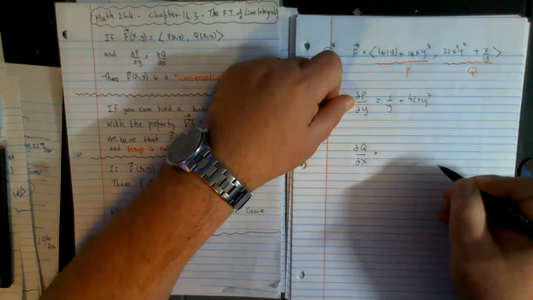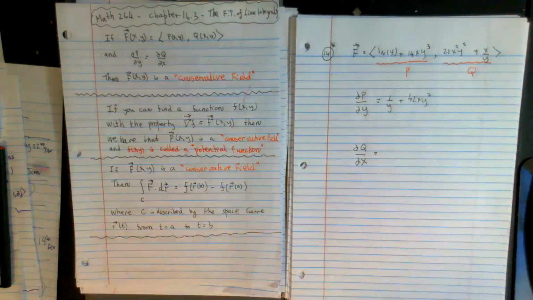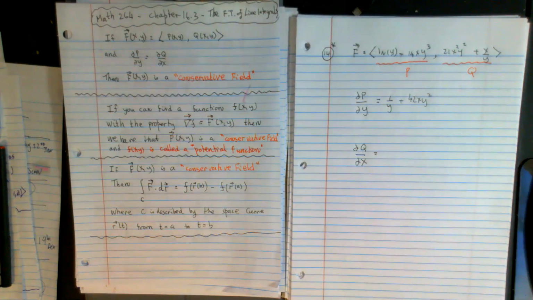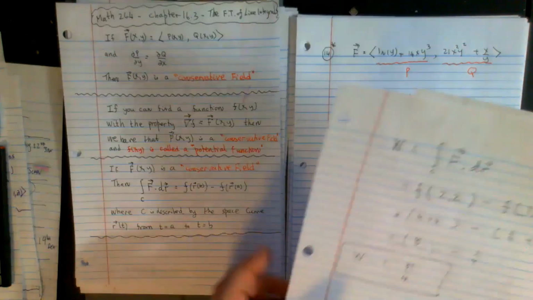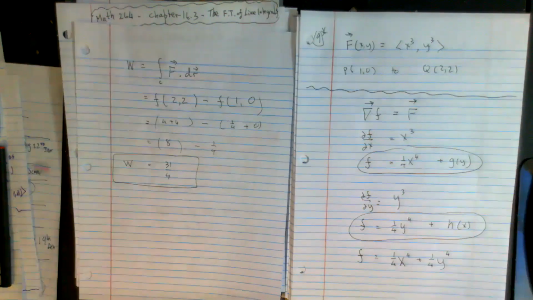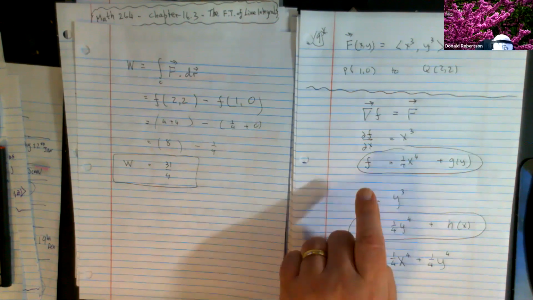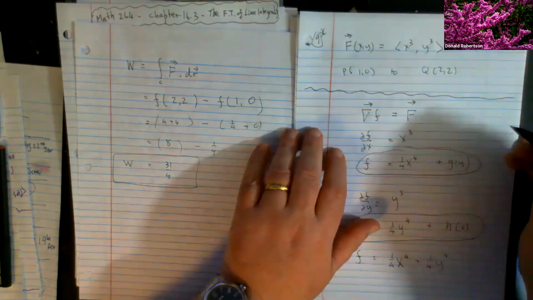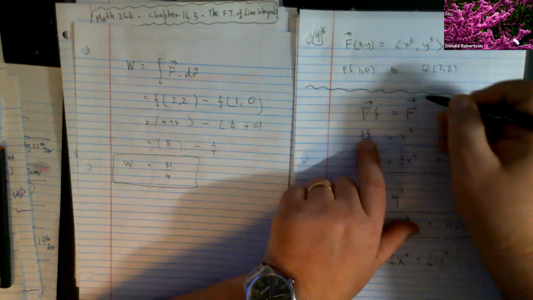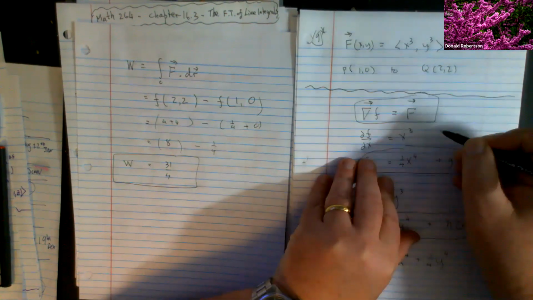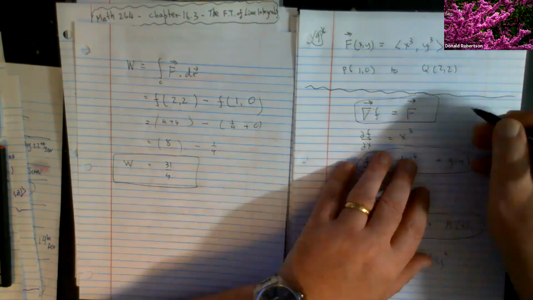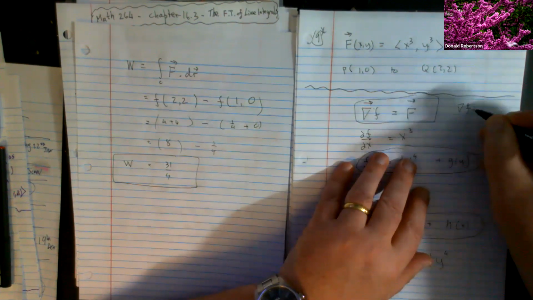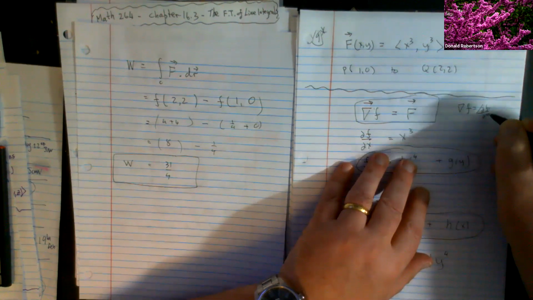I have a question. Yes. On our last example, number 9, why didn't we differentiate f of x, y equals x cubed y cubed when we went to df of x? This is the starting point. We're saying the gradient of the potential function is actually that.